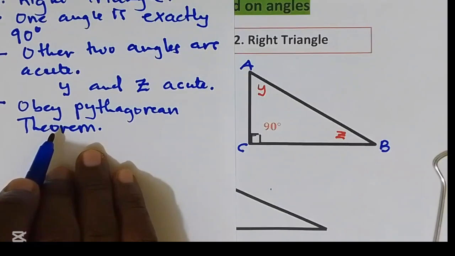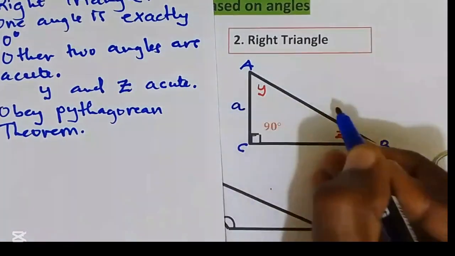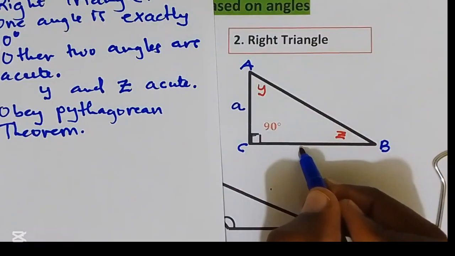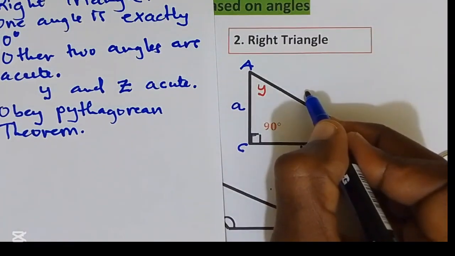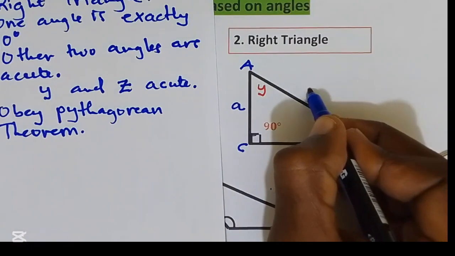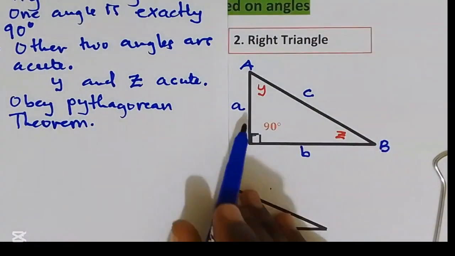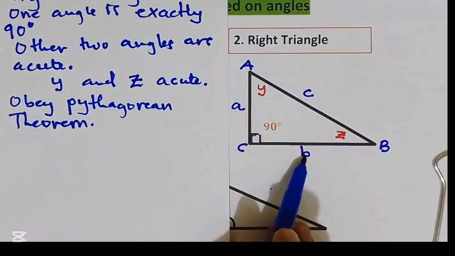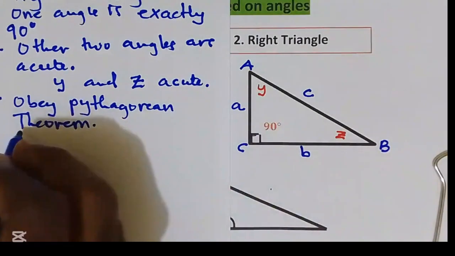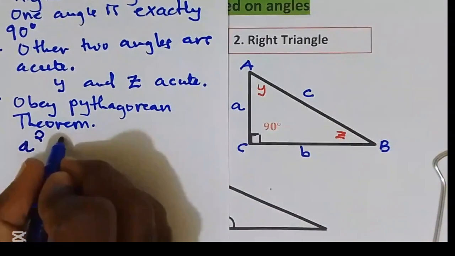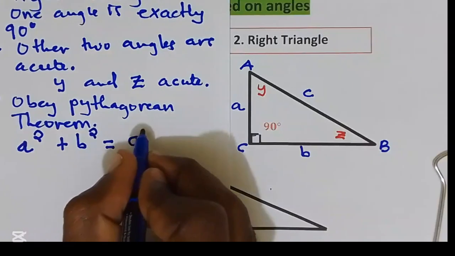Let us call this side A, and this one side B, and the longest side, the hypotenuse, C. According to the Pythagorean theorem, the sum of the squares of the short sides is equal to the square of the long side. That is A squared plus B squared gives us C squared.